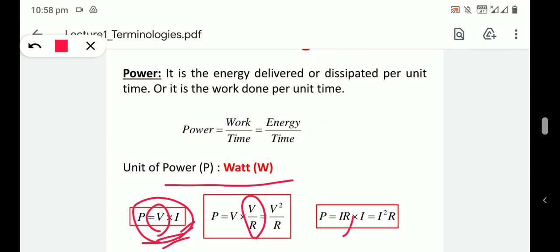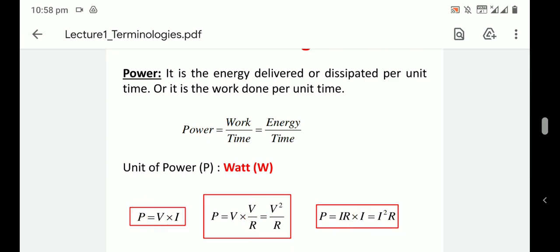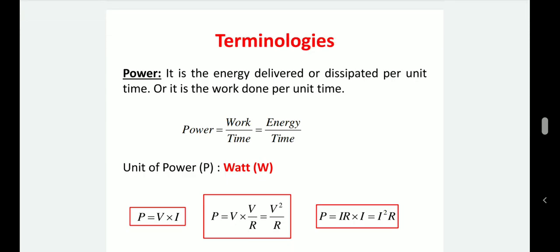So P becomes I squared R. So three equations are there for power: P is equal to VI, or P is equal to V squared by R, or P equals I squared R. So this is all about power.